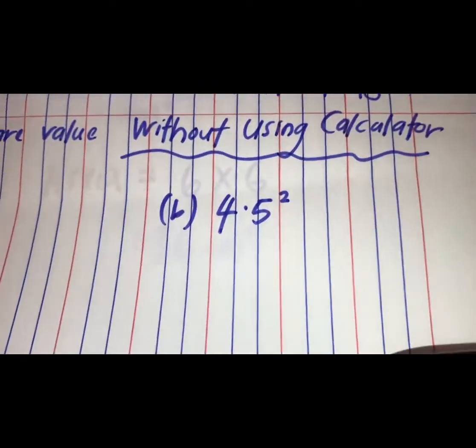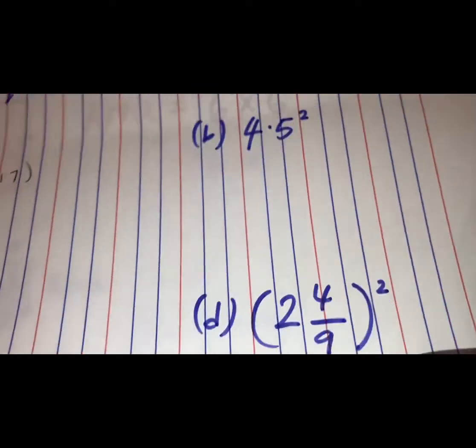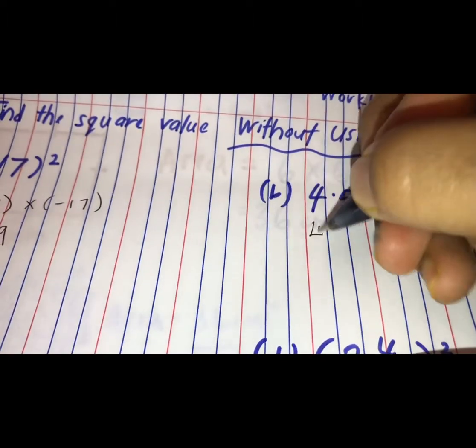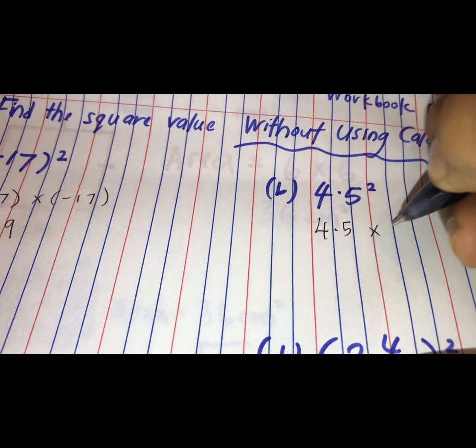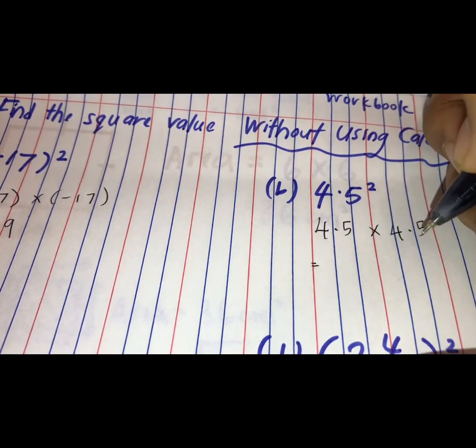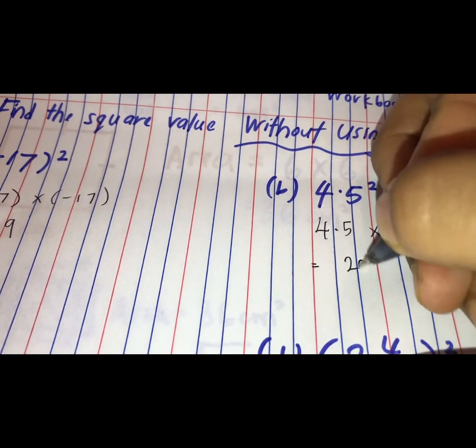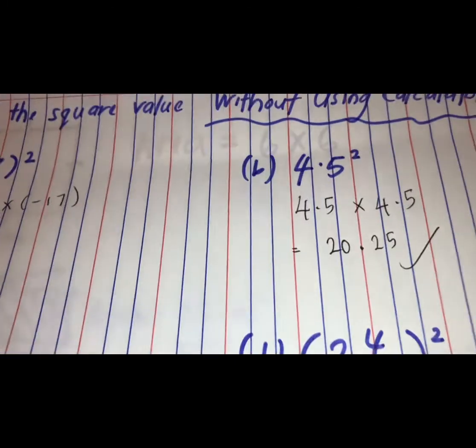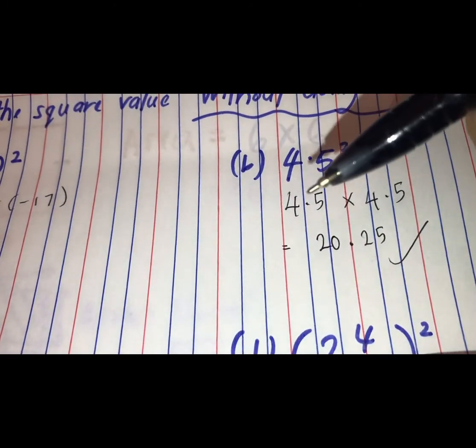Question B, 4.5 square. 4.5 square means you write 4.5 times 4.5. So 4.5 times 4.5, you will get 20.25. Like that only. But make sure you write this working.